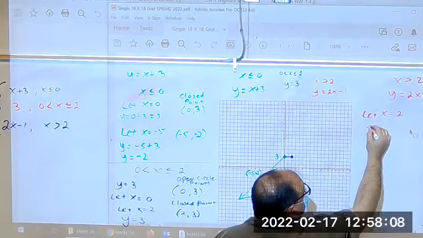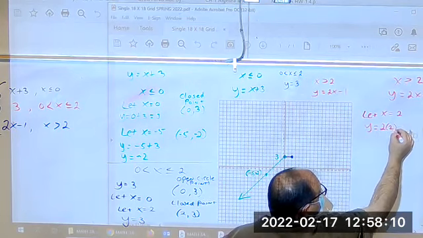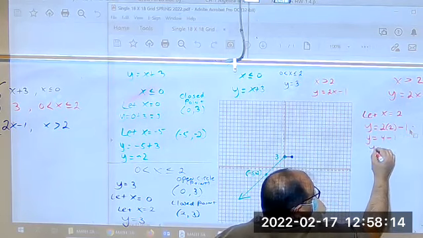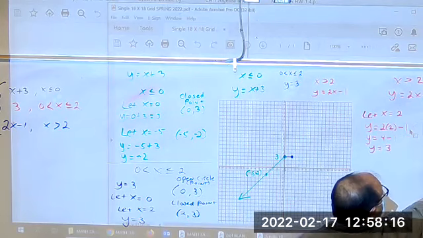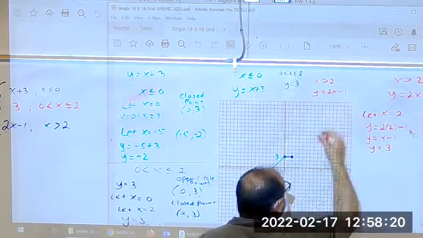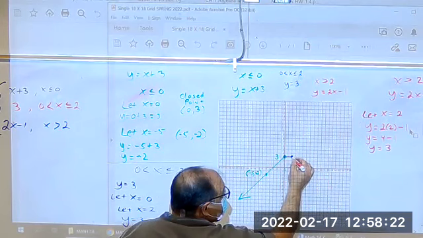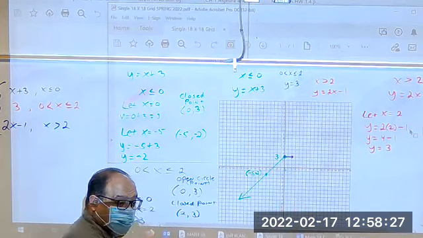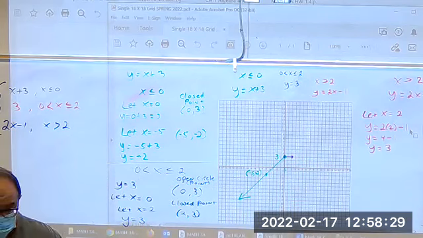If I plug in 2, I get y equals 2 times 2 minus 1. So y is 4 minus 1, so y equals 3. When I plug in 2, I get 3. For the right-hand side, well, yeah, that means it's an open circle right where the middle house left off. This is not always going to happen. This time it did.